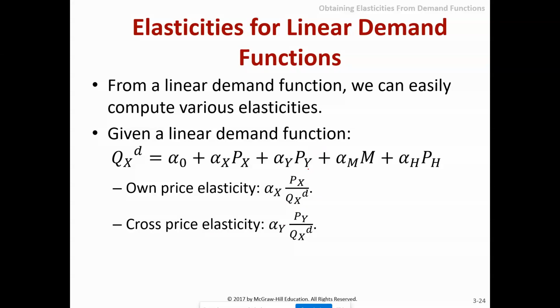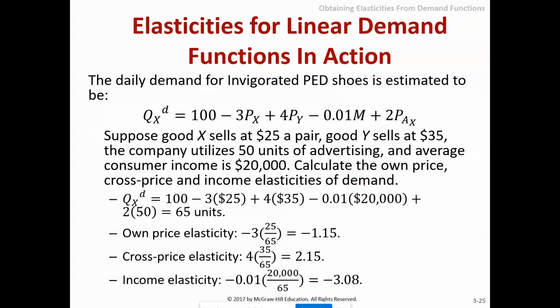And cross price elasticity of Y is the coefficient in front of it, alpha Y, multiplied by the corresponding price of Y and corresponding quantity of X. And income elasticity is the coefficient multiplied by income over quantity demanded for product X. So those are the formulas, very handy whenever you have a linear demand function.